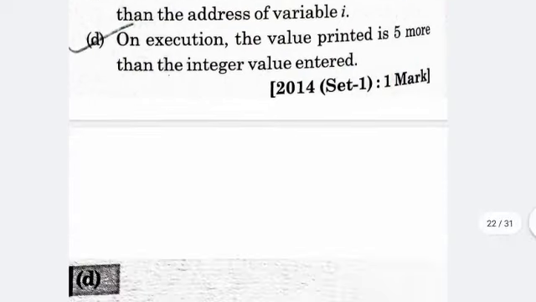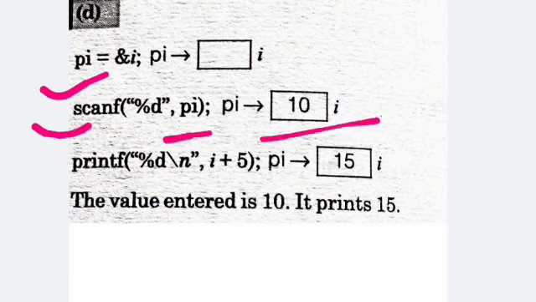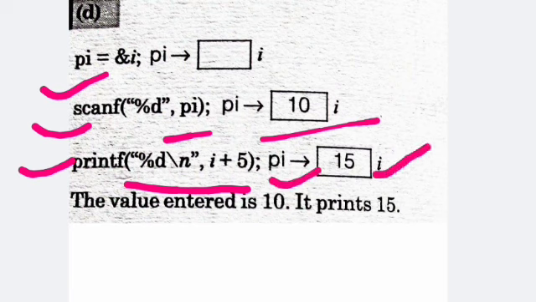So come to the solution of this question. So here pi is the pointer holding the address of i. Now scanning the value of pi, we put any value like 10. So we get pi equal to 10. Now we get i equal to i plus 5, which represents 15.